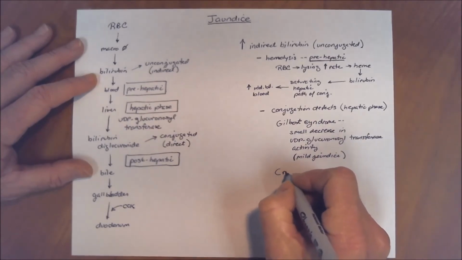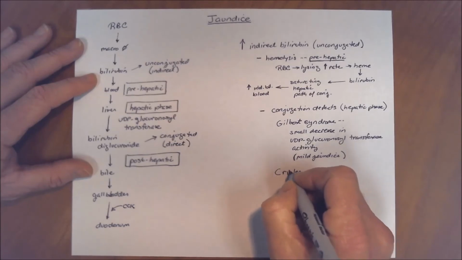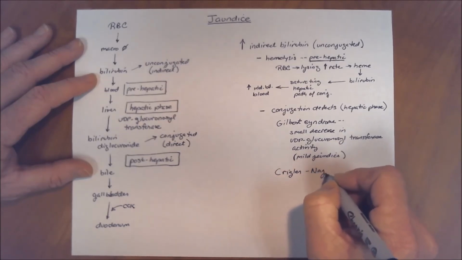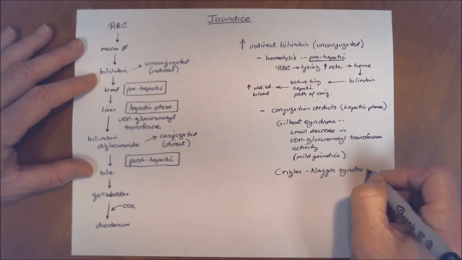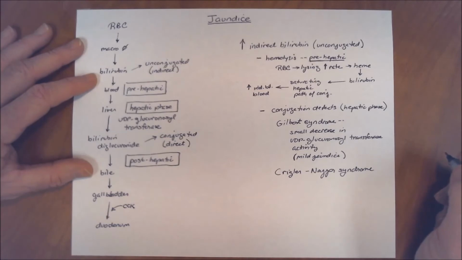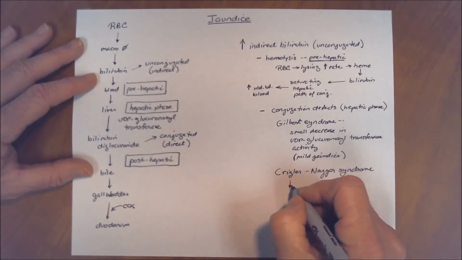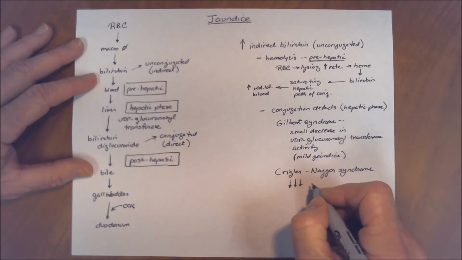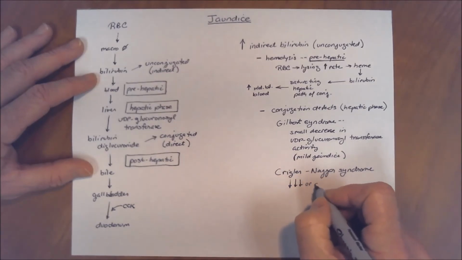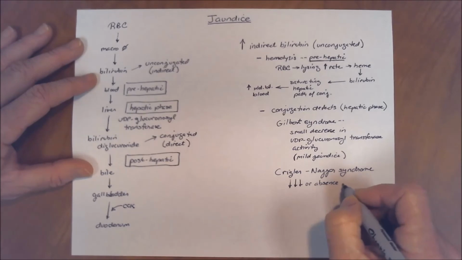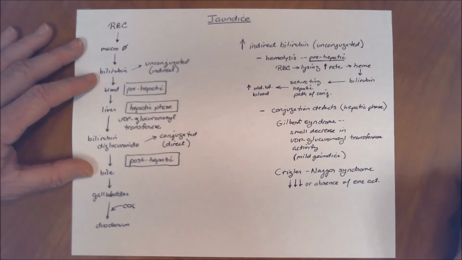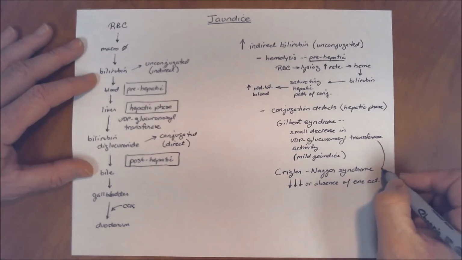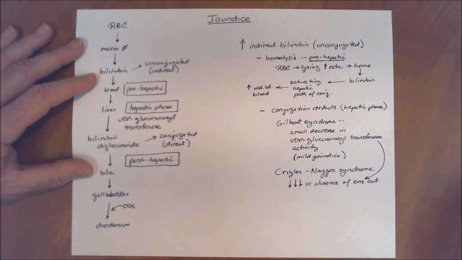The other genetic disorder is called Crigler-Najjar syndrome. This is a result of a substantial decrease or absence of enzyme activity. So the transferase enzyme in this case has a much reduced or no activity.